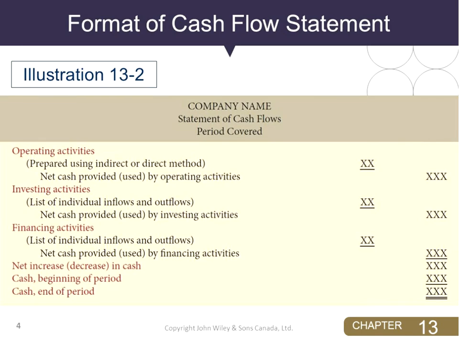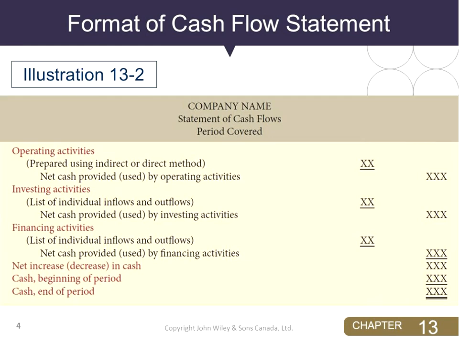So look at the format of our cash flow statement, and we're going to work through this again as we continue this module. But we start off with our operating activities. So we complete using the direct or indirect methods. In our case, we're going to primarily deal with the direct method. And then our investing activities and our financing activities to figure out our net increase or decrease in cash.